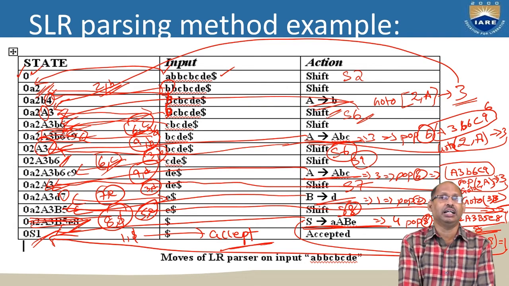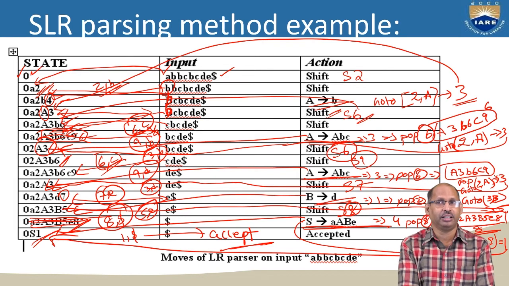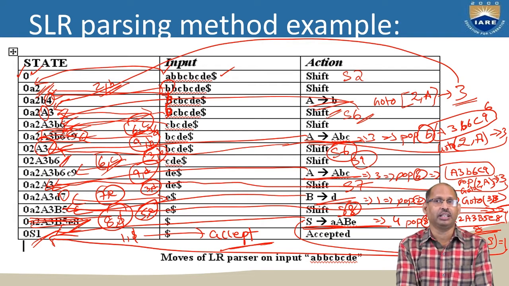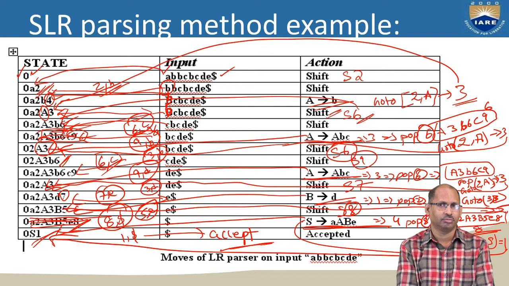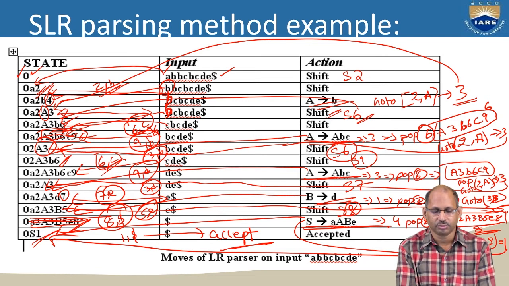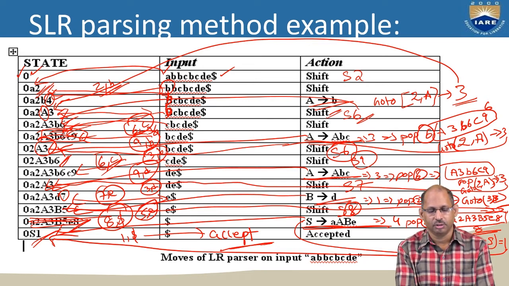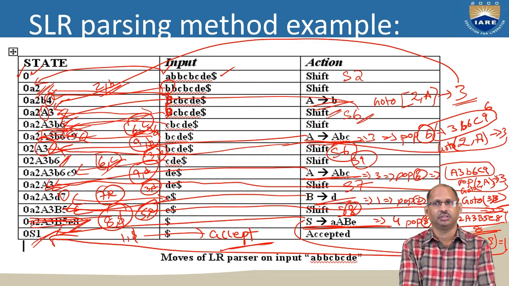So this is the SLR parsing method which accepts the string. Right. $1 gives accept.